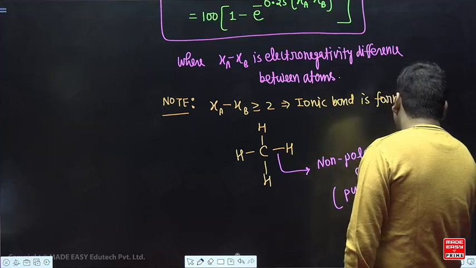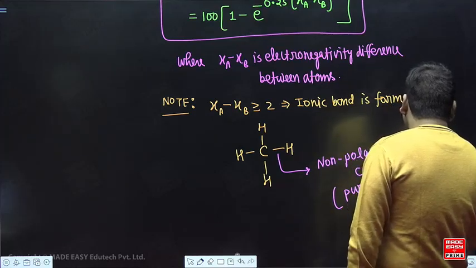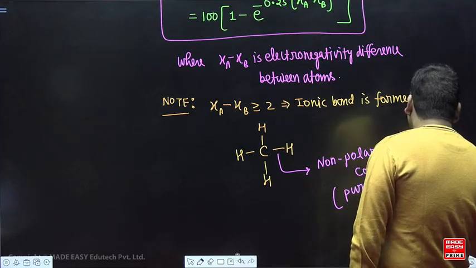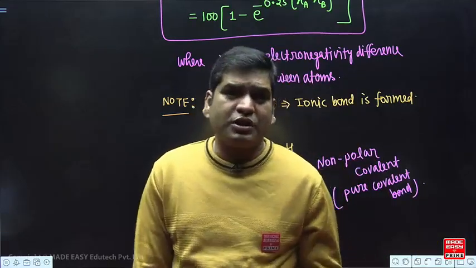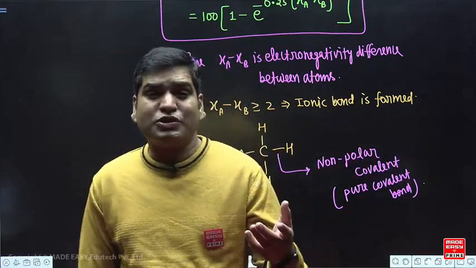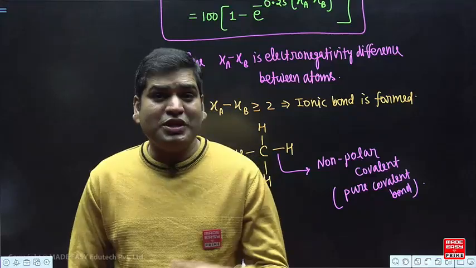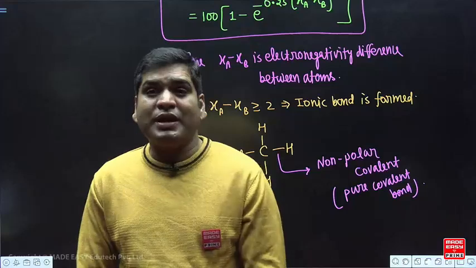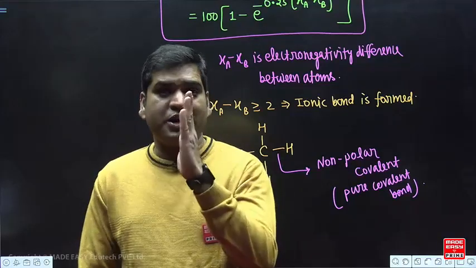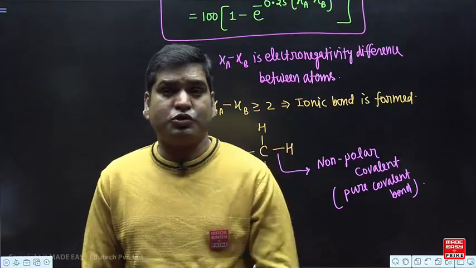Why is it pure covalent bond? Because the electronegativity difference of carbon and hydrogen is almost 0. Hydrogen has only 1 electron. It is not able to decide whether it should leave electron or it should take. So neither it is positive nor it is negative. Similarly, carbon has 4 electrons, so it is in the middle of the periodic table. Left of carbon, electropositive elements.